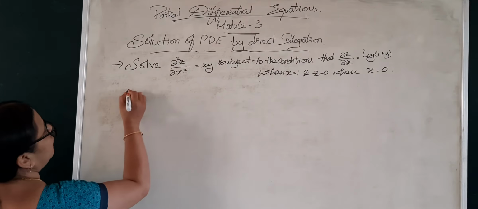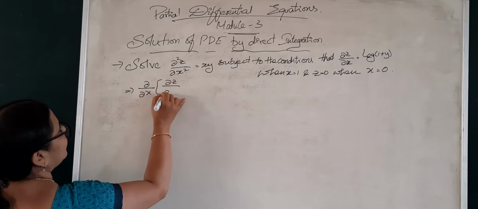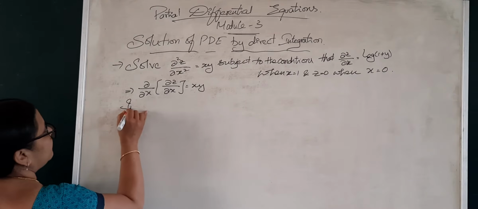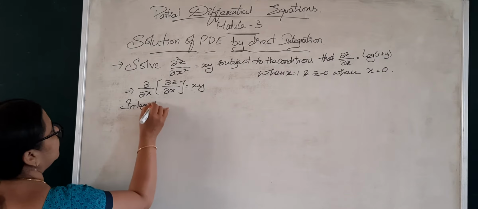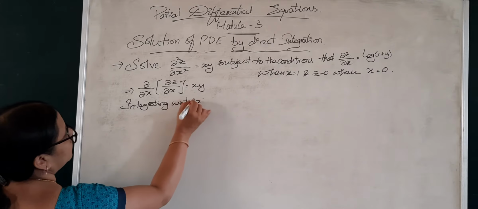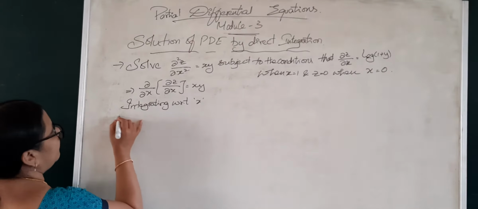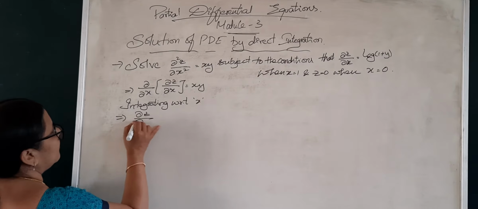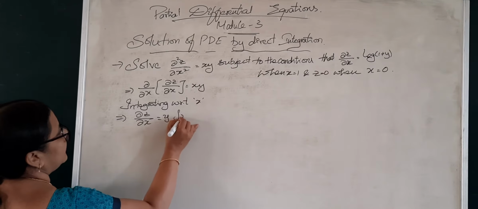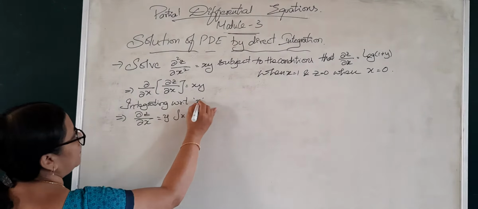Consider this equation. We can rearrange it as ∂/∂x of (∂z/∂x) = xy. Now integrating with respect to x on both sides, ∂/∂x and the integral dx will get cut. So you will be left with ∂z/∂x equal to, with respect to x treating y as constant, y as it is, integral x dx, plus a constant of integration, which will be in terms of the other variable, that is y.